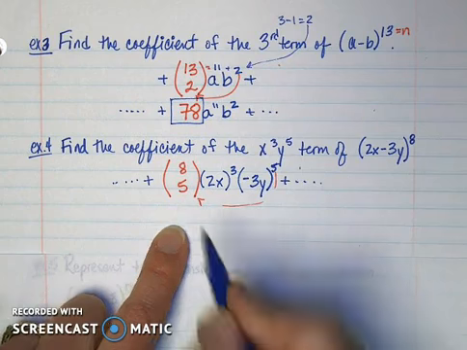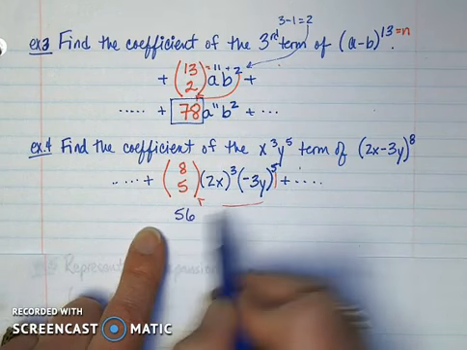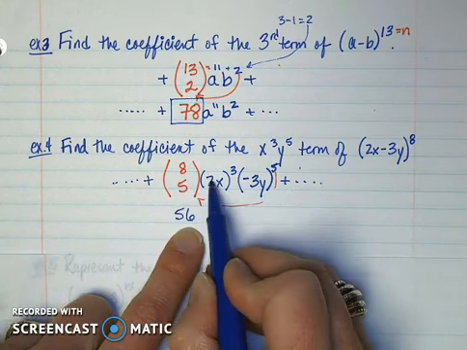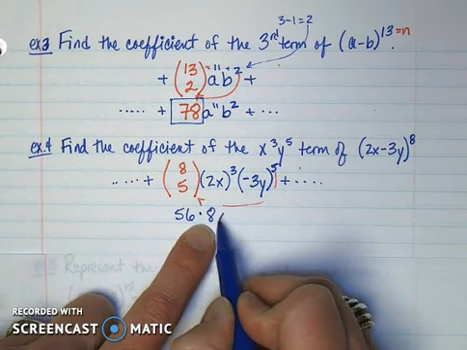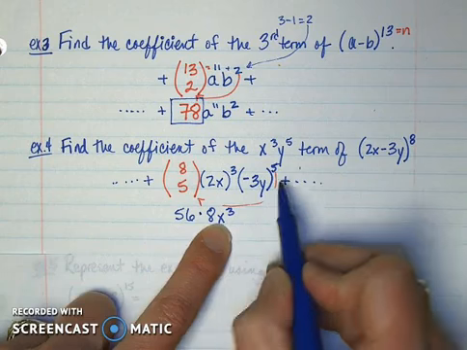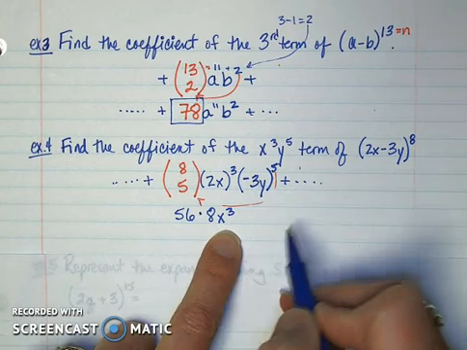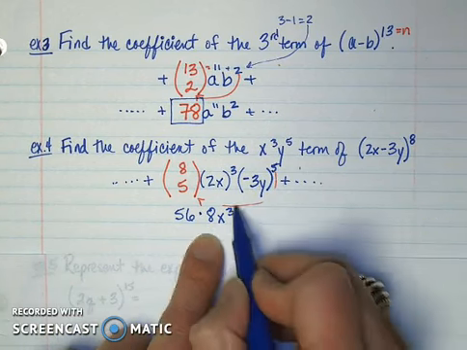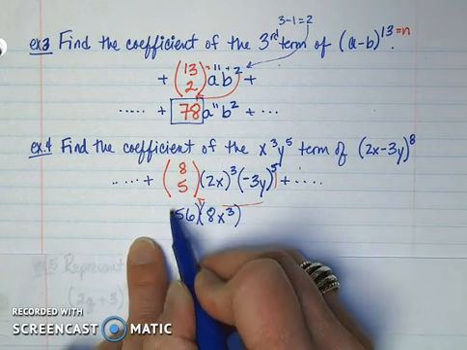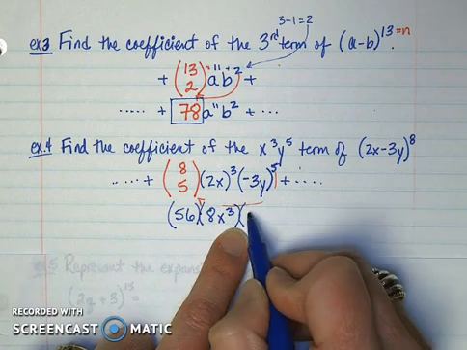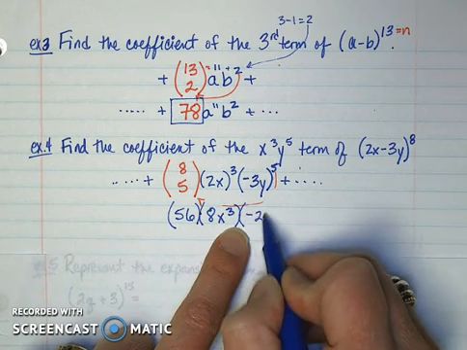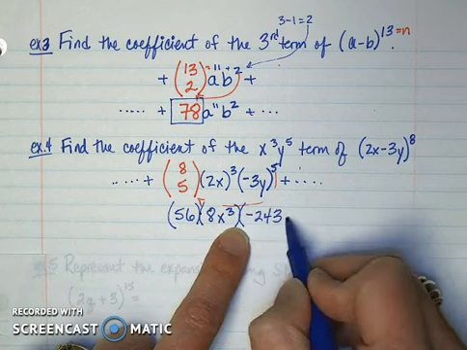So I have 56 times, what is 2 cubed? That's 8x cubed. Now I have a negative 3 to the 5th power. All right, I'm going to start putting these in parentheses. That'll be a little easier. Negative 3 to the 5th power. That is a negative 243 y to the 5th power.